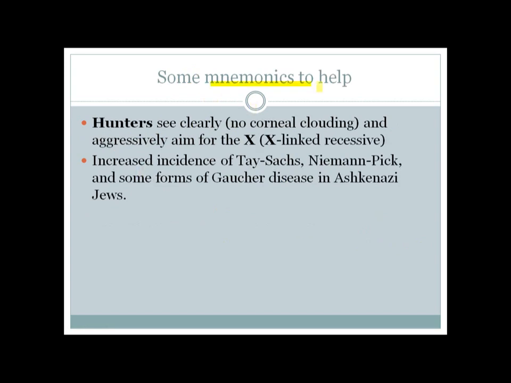So the mnemonics that I've put: hunters see clearly, so they don't have any corneal clouding, and aggressively aim for the X. X may be a mark, like the X mark put on the bullseye, or X may be girls, X-linked recessive. And there is an increased incidence of Tay-Sachs, Niemann-Pick, and some forms of Gaucher disease in Ashkenazi Jews.